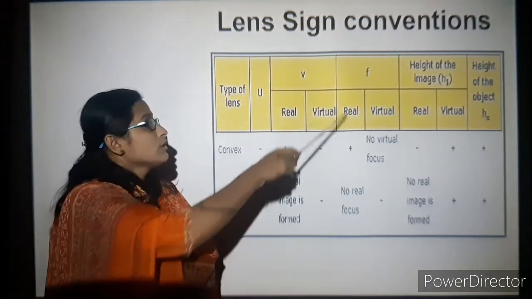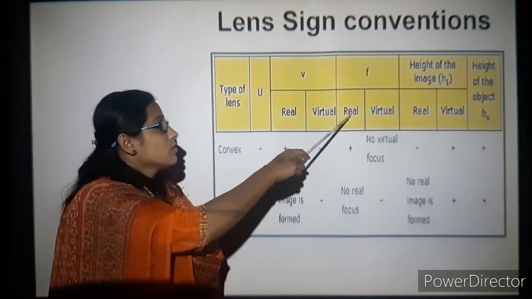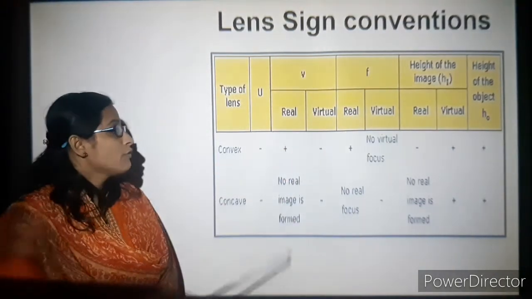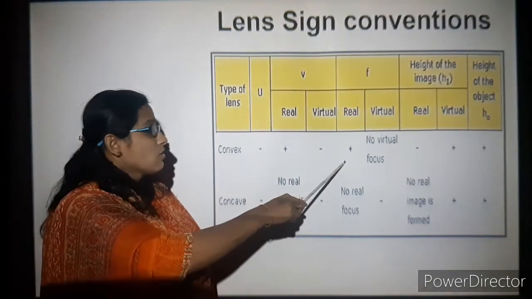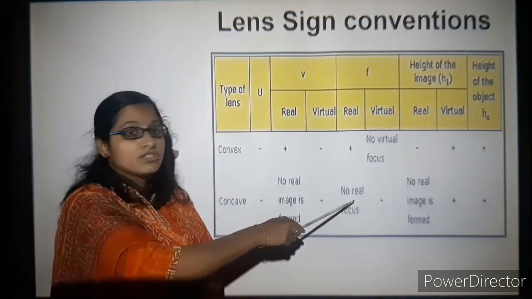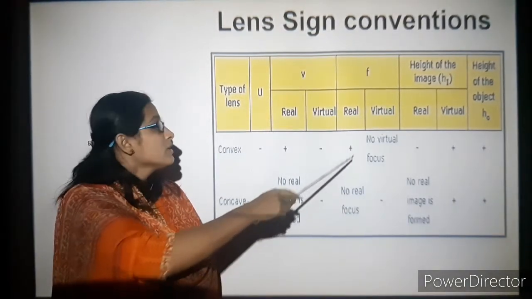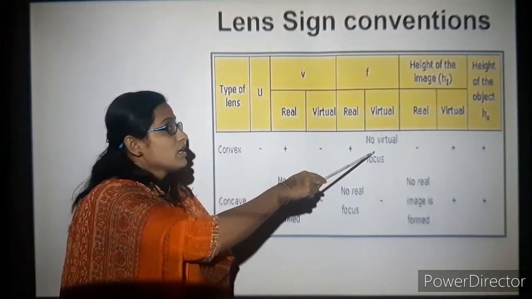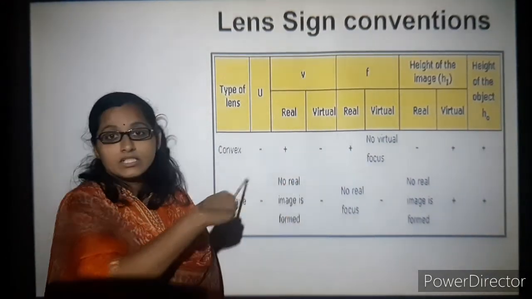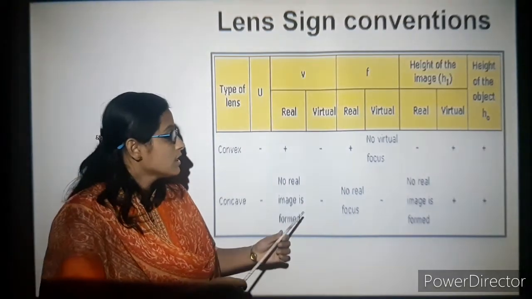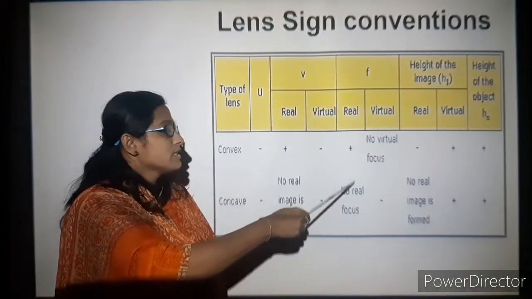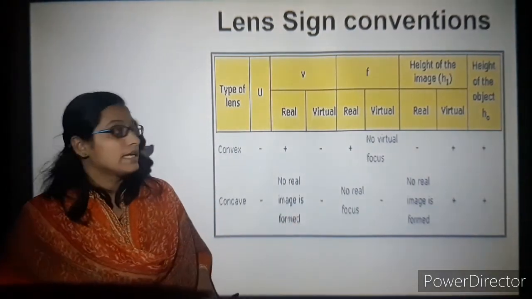Coming to the focal length, for a real image the convex lens is positive, and for concave there is no real focus. With respect to a virtual image, for convex there is no virtual focus, and for concave it is negative. So here it is vice versa, positive and negative.